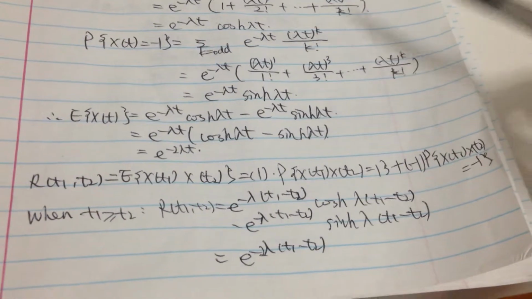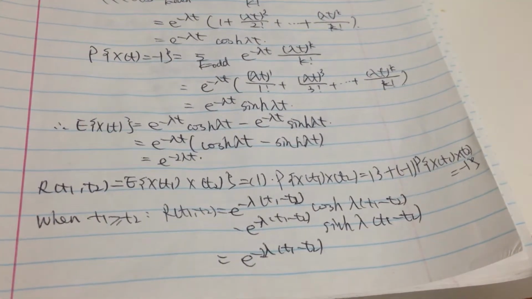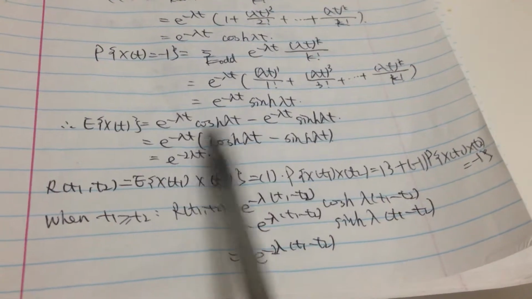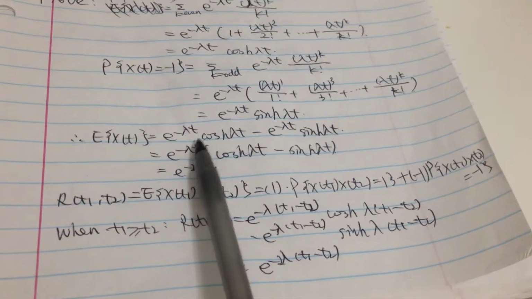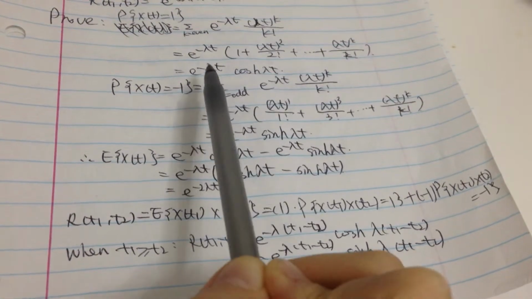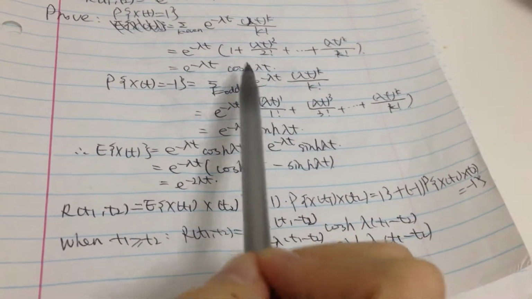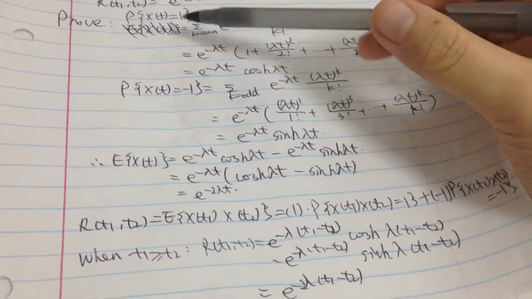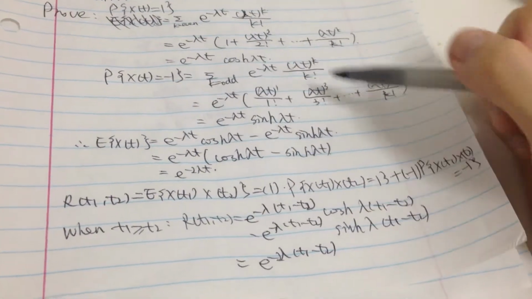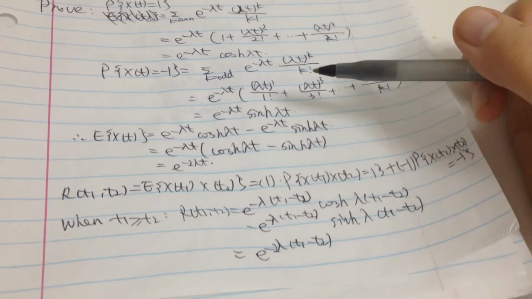So obviously the expectation of xt here should be written into these 2 parts. Since this is when xt equals 1, it should be the probability times the variable 1, and here it should be the probability times -1. So here is the result.